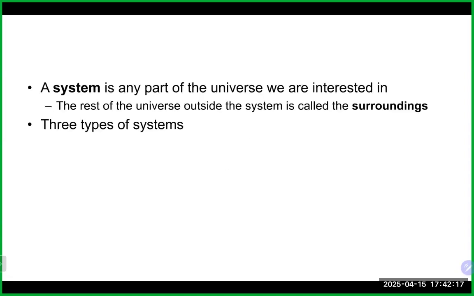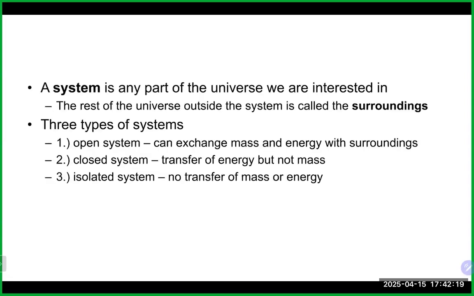So when we talk about thermodynamics, one of the main things that we look at is the idea of a system and really its surroundings. So your system in a lot of cases is like your test tube, your beaker, whatever you may be doing the experiment in.